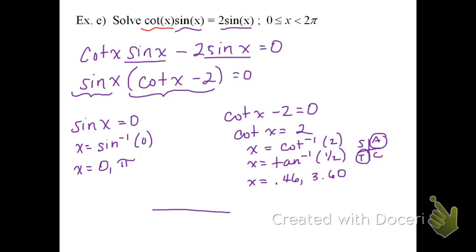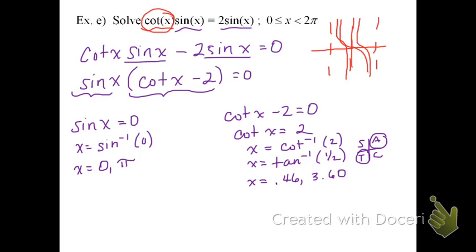Now, here's where things get a little tricky. If we go back up and look at our original equation, remember we had a cotangent function in our original equation. And if you remember the graph of cotangent, cotangent has asymptotes at certain locations. The graph looks something like this. Let me start that over. That was really bad. Sorry, guys.